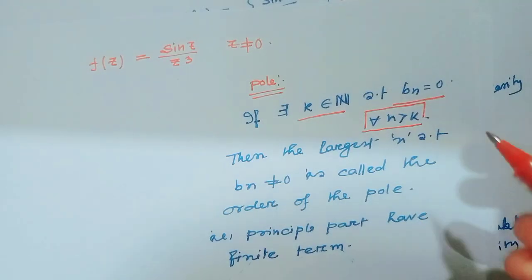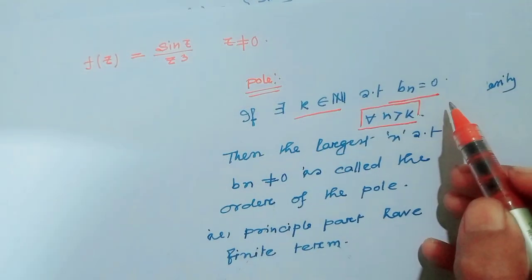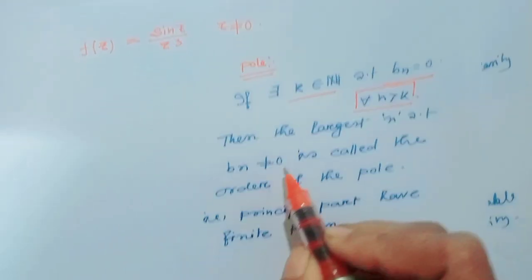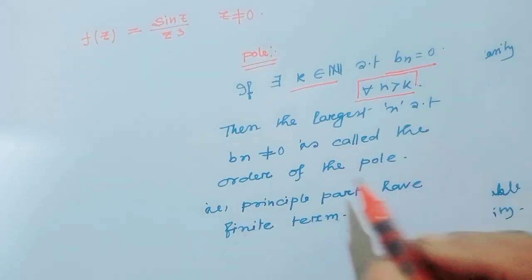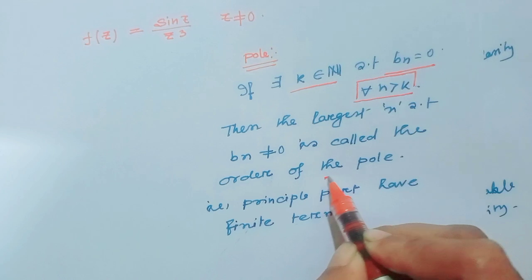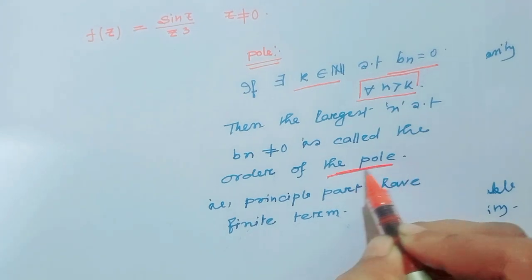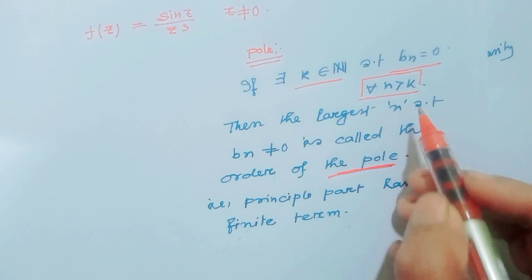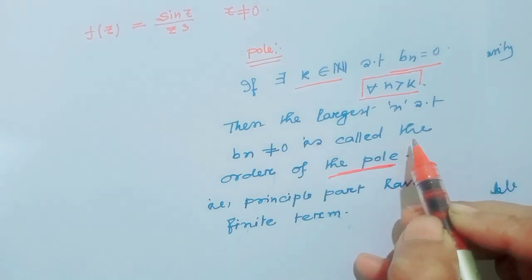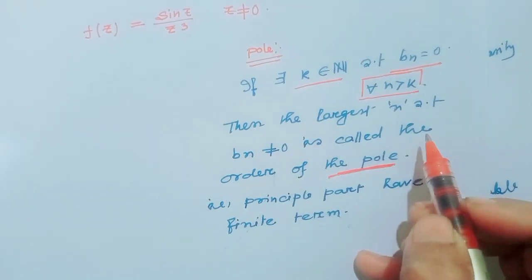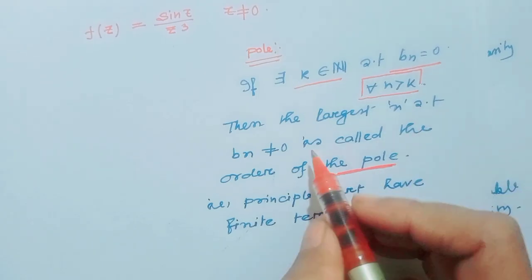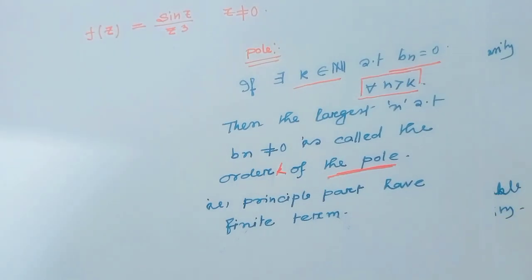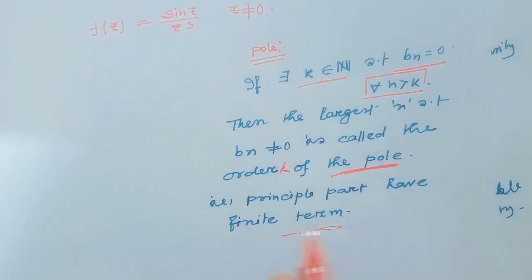After n greater than k, b_n equals 0, and then the largest n such that b_n is not equal to 0 is called the order of the pole. This is called a pole of order k. That means the principal part has a finite number of terms.